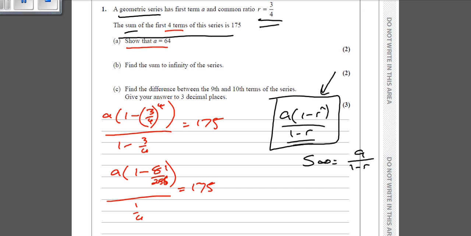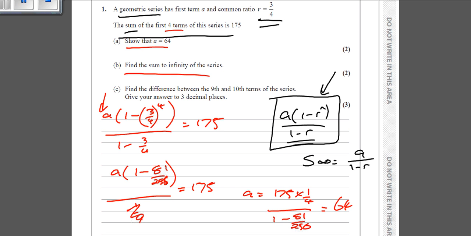So 175 times by 1/4. And we end up with a equals 175 times by 1/4, which has got rid of this, and we divide by the bracket, so over 1 minus 81 over 256, and that equals 64. So that's how you show it. You can't use a equals 64, substitute it in, and then get the answer. They won't give you that one.